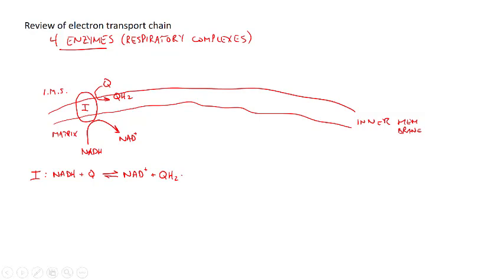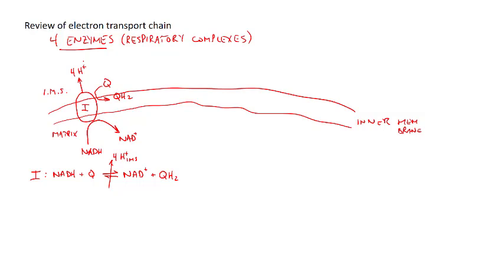I'm not keeping track of all the hydrogen ions here. There are also protons involved in the reaction, but I'm not going to go over that. This reaction pumps 4 protons into the intermembrane space. And yes, the protons are actually hydronium, H3O+, but it's easier to just write H+. So that's complex 1's reaction.